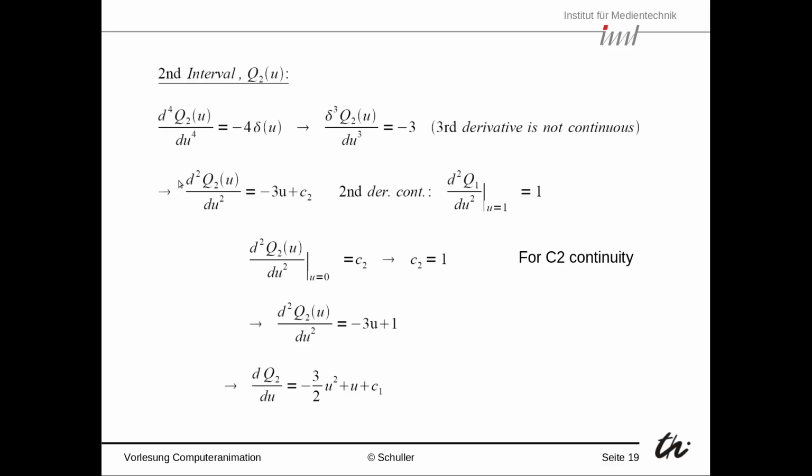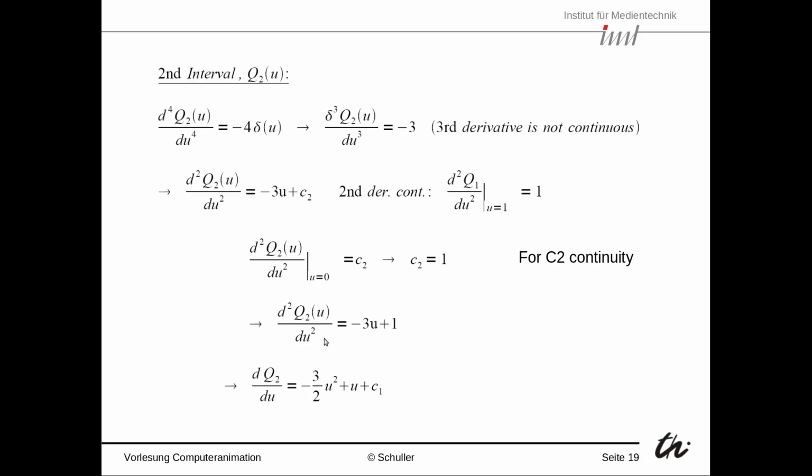So this has to have the same value for u equals 0, because this is the lower end of the second interval. So that means c2 needs to be equal to 1. So this is what we have here. We need this for C2 continuity. So now we can plug this in, and we have the second derivative, minus 3u plus 1.